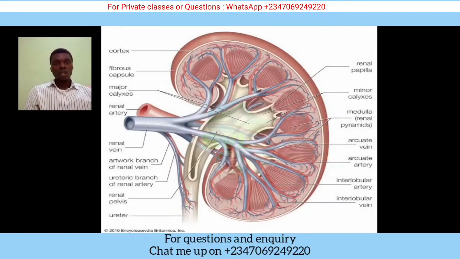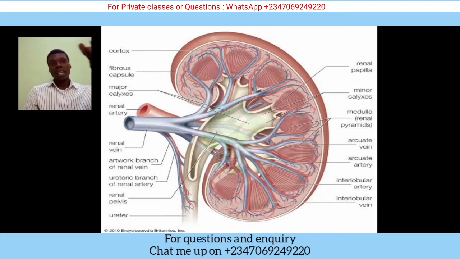Now looking at this closely, there's always a capsule that covers the kidney. After the capsule, the next thing you see, where you don't have those striations, is the cortex of the kidney. Then this part where you have patterns, so to say, is the medulla of the kidney.